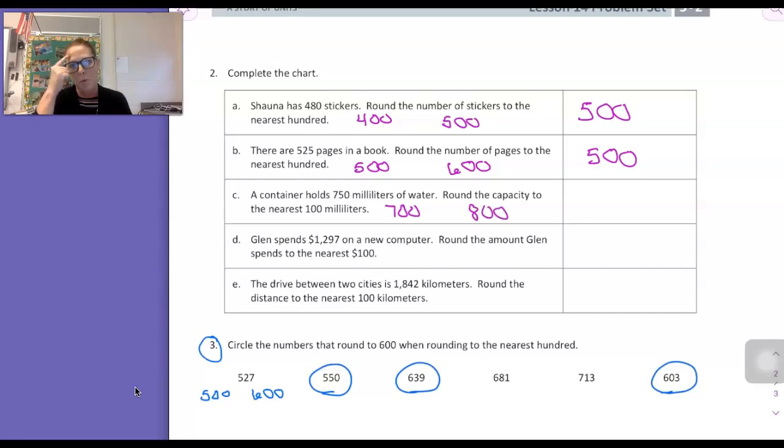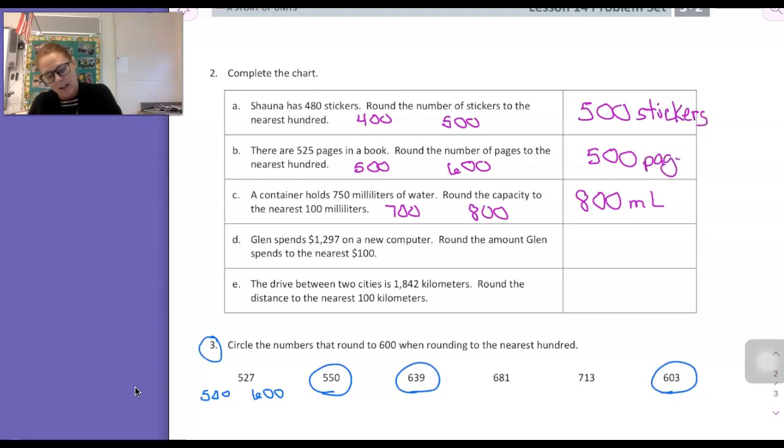I think about my midpoint, which is 750, and what do you know? That's the number we're rounding. So we're going to round our capacity up to the next 100, and we're going to put our label. We could actually put units here as well. There's always a unit with math. It's just that sometimes with measurement, we don't do that when we're rounding.